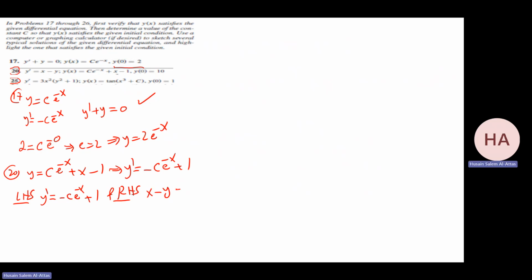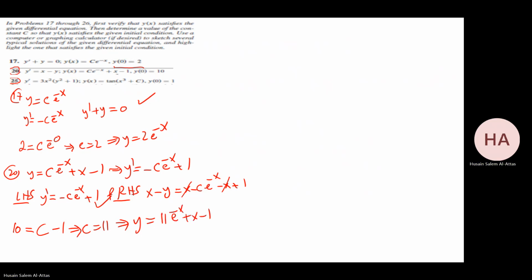So it will be x minus this, minus x plus 1, which is the same as this one. So there is a solution. How to find y at 0 equal 10? Substitute. I have 10 equal c, this is 0 minus 1. So c equal 11. So my solution is 11 e to the minus x plus x minus 1.